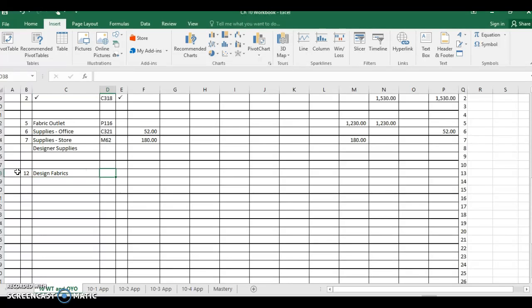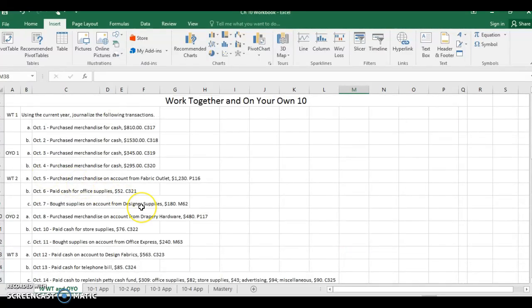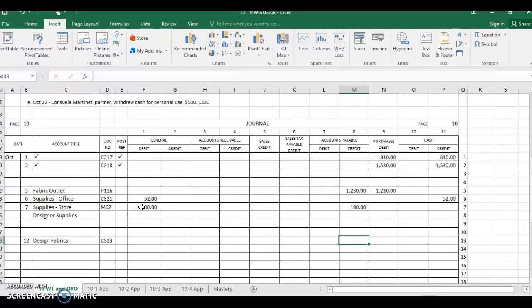Our document number is going to be C323. And we're going to slide all the way over to the other side here. So let's get my column titles here so you can see those. Okay, so first things first, we've got a cash credit because we were giving them money that we owed them.